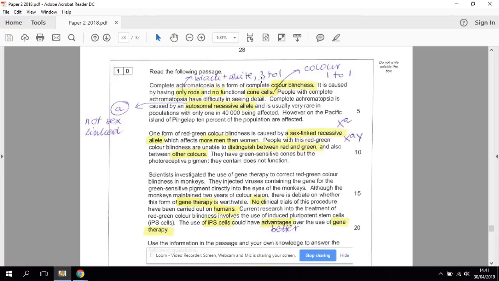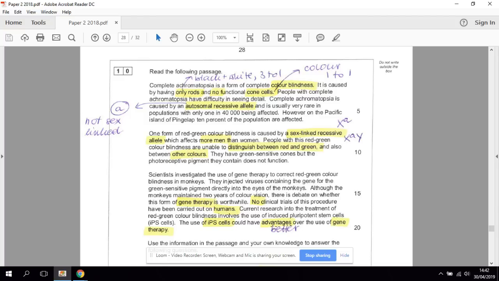There are 3 neurons attached to one bipolar neuron. Cone cells, color, one-to-one. Autosomal recessive allele, so that means they're not sex-linked, so we only look at the recessive alleles. Sex-linked, and then we've got the man and the woman idea here: the man has only one X chromosome.